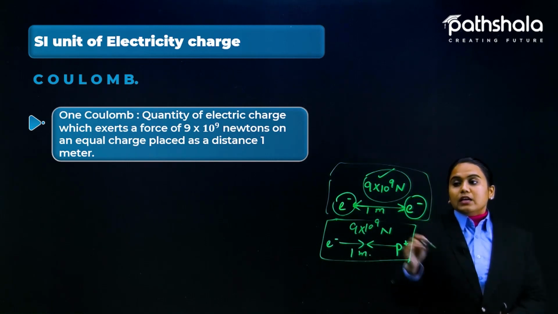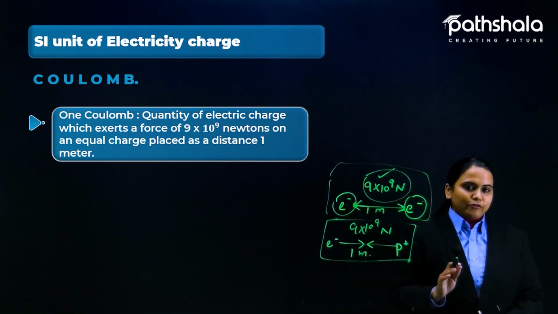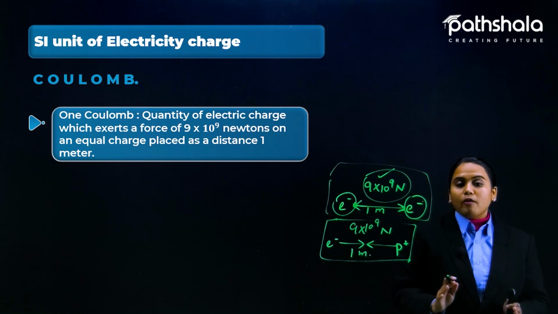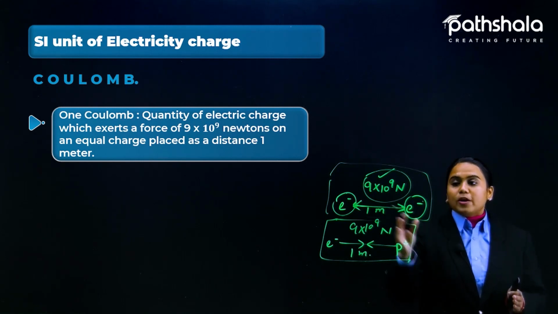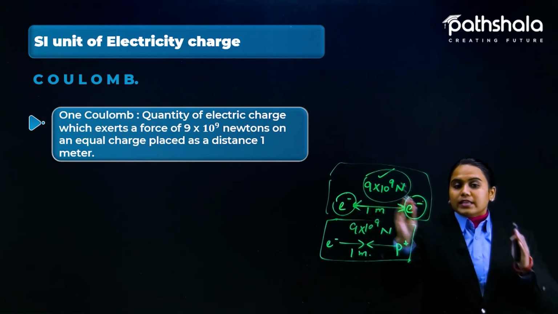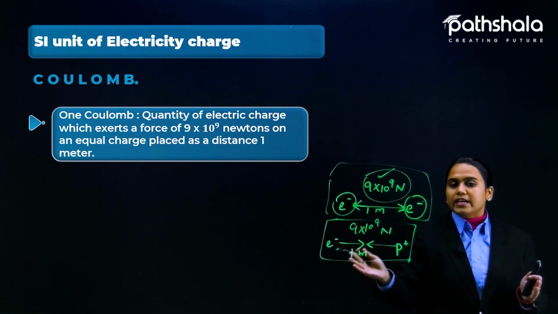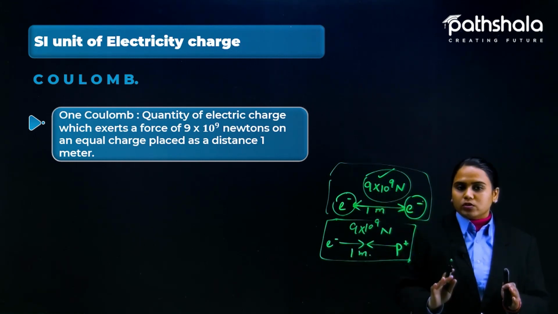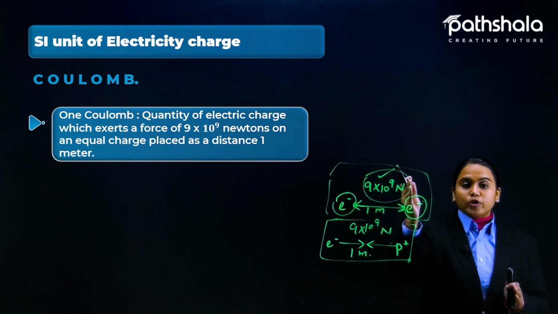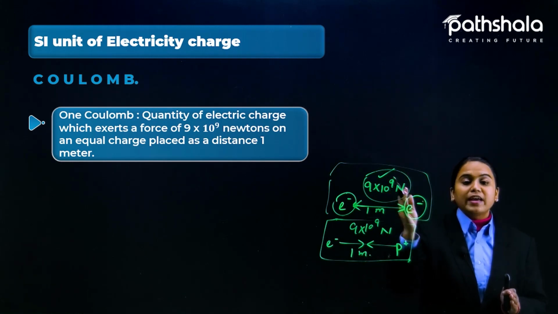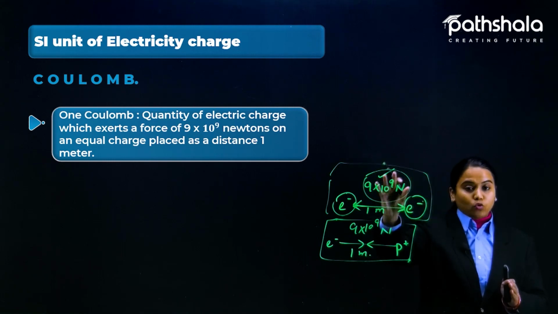Okay, but here this quantity is not enough to make 1 coulomb of charge. Why? Because these 2 single electrons on both sides cannot make such kind of force, that is 9 multiplied by 10 to the power 9 newtons. That is a very huge force of attraction. Fine.